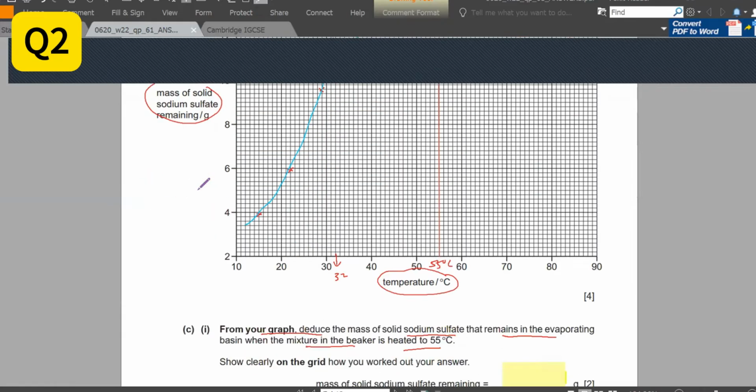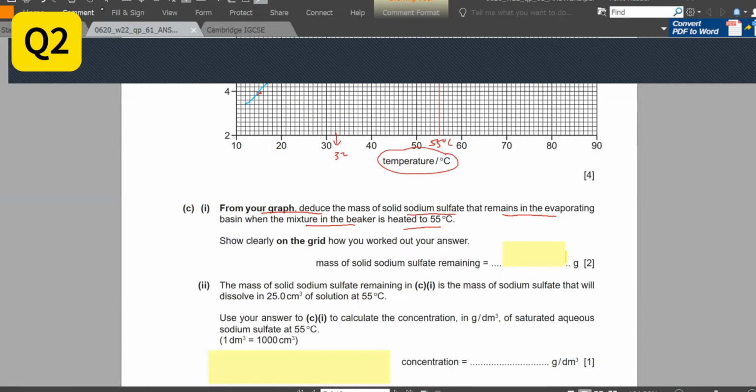Yeah. So if we look at the marking scheme, that's exactly what we expected. Any answers between 11.2 and 11.4 will be acceptable. And our answer is 11.2 in this case. Okay, no problem.